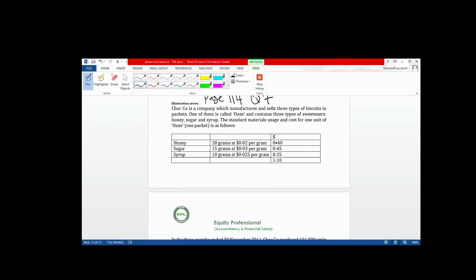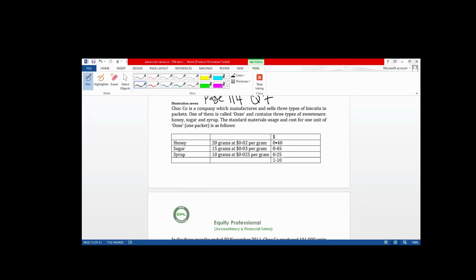We require 20 grams of honey at a price of 0.02 per gram, 15 grams of sugar at a price of 0.03 per gram, and 10 grams of syrup at a price of 0.025.